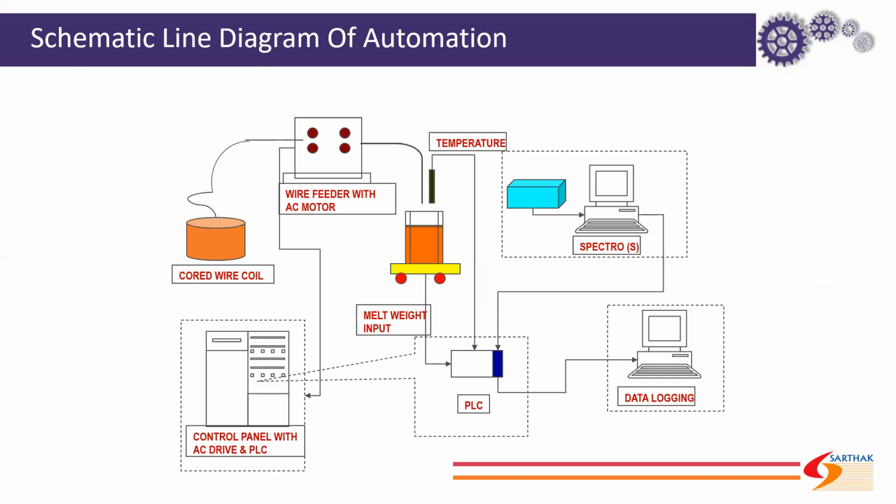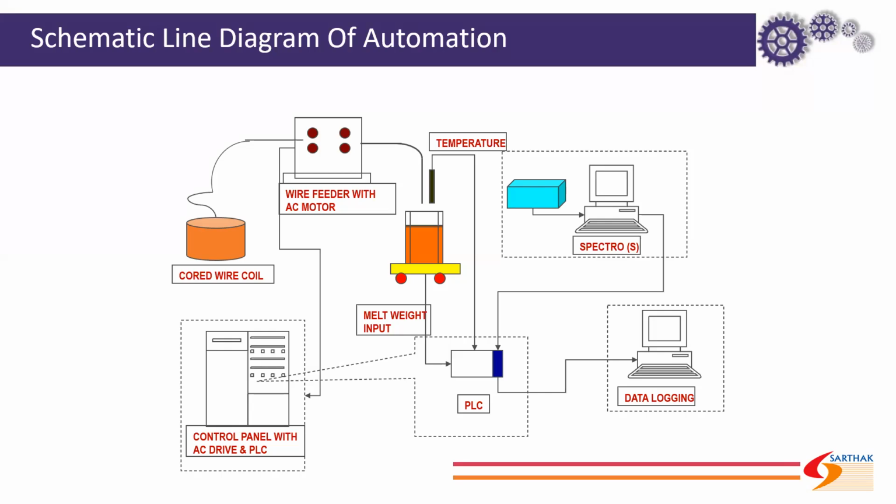This is the schematic line diagram. Our system interfaces our feeder with your spectro to get the readings of heat number and bath sulfur. We are also interfacing this with your pyrometer and weighing scale.